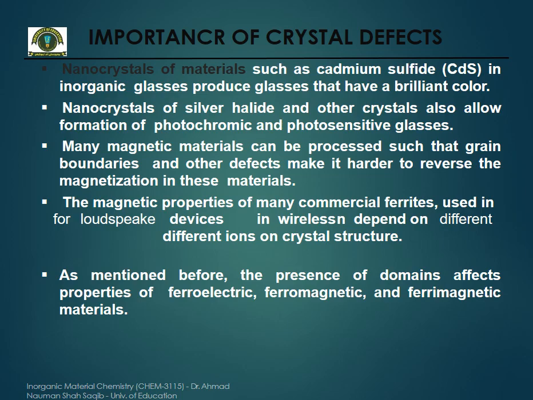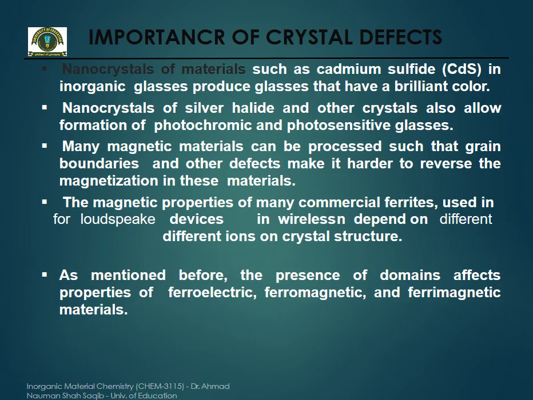Nanocrystals of silver halide and other crystals also allow formation of photochromic and photosensitive glasses. Photosensitive glasses help us avoid the ultraviolet radiation coming from the sun, which can affect our eyes.